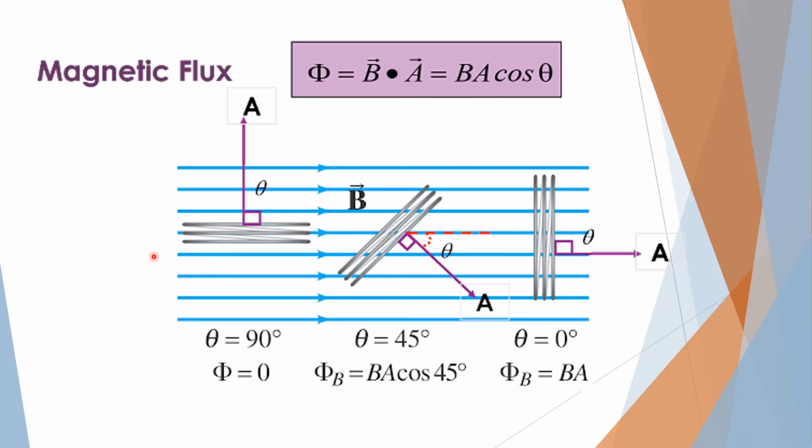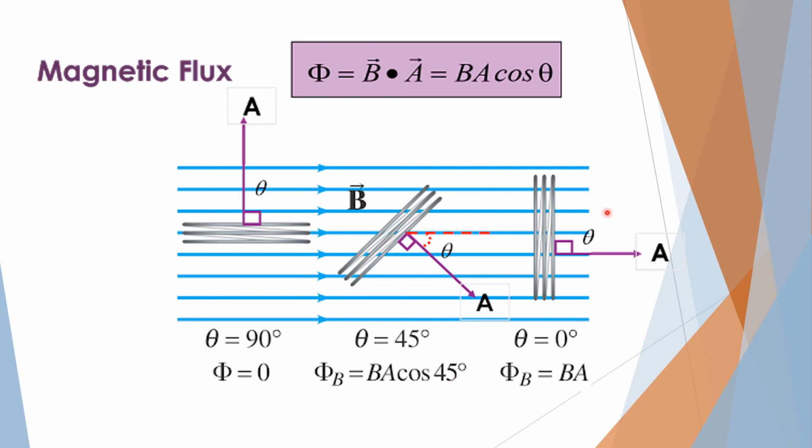Magnetic flux when the angle between B, magnetic induction, and vector area A is 90 degrees: we get minimum flux, phi equals 0. When the angle between B and vector area A is theta equals 45 degrees, then we get magnetic flux phi B equals BA cos 45 degrees.